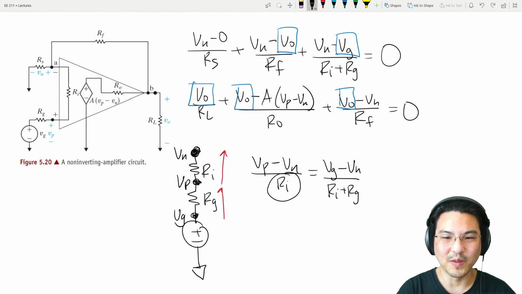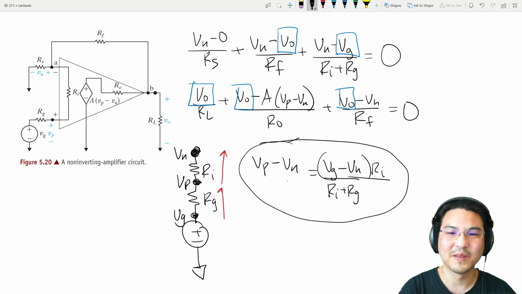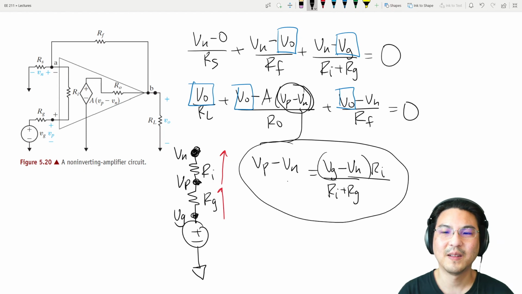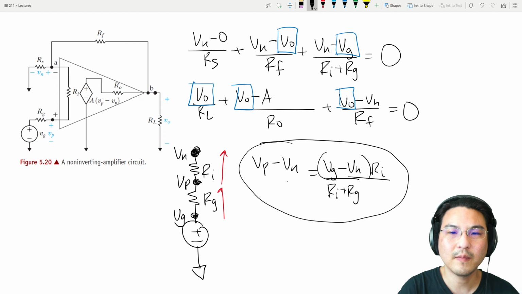Now let's move this on that side of the equation. And we can substitute this right here. So then it'll be a function of Vn and Vg. So maybe I'll just write that right here. And then Ri over Ri plus Rg.